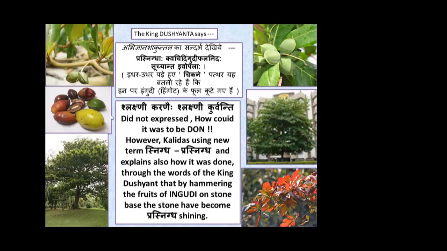And it is a sentence uttered by a king. So he must have known the technology in those days, prior to Kalidas. And we could even say that it continued up to Kalidas.